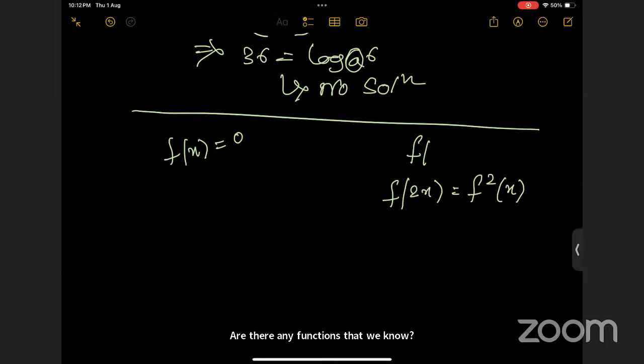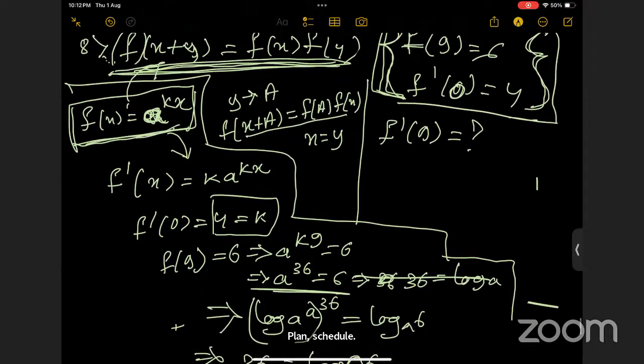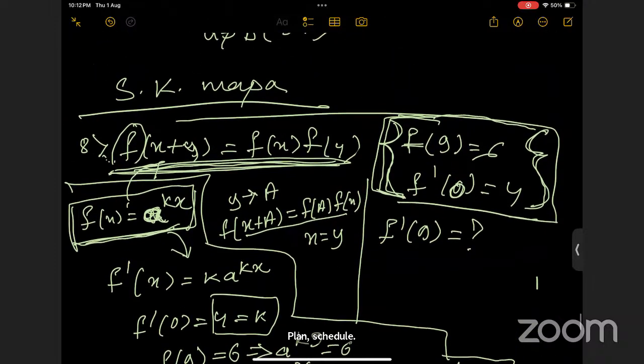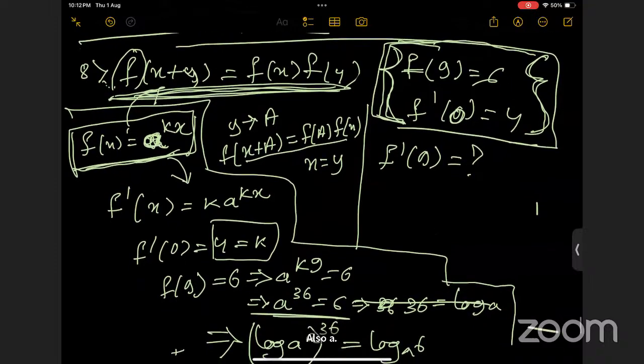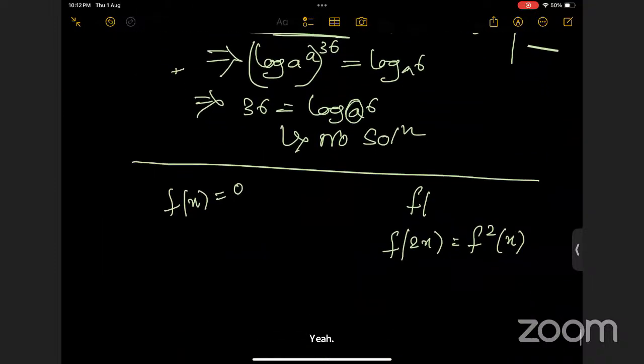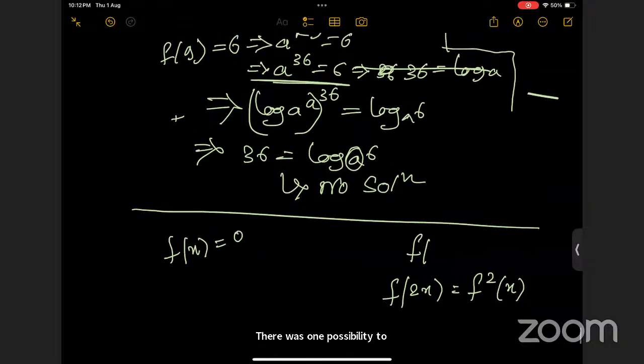I know linear, exponential, sinusoidal, and transcendental. This type of function you cannot take. So there was one possibility to take some constant function. Let's forget that; we need not know what f(x) is, right?